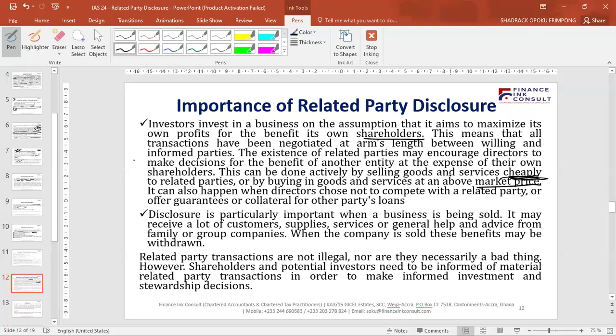And instead of them selling the things to us at, let's say, $1 each, they can sell it to us at, let's say, 3. So at the end of the day, we will end up paying more so that we can shift funds from Ghana to South Africa and not pay any tax. That is from the group point of view. So that's what happens.